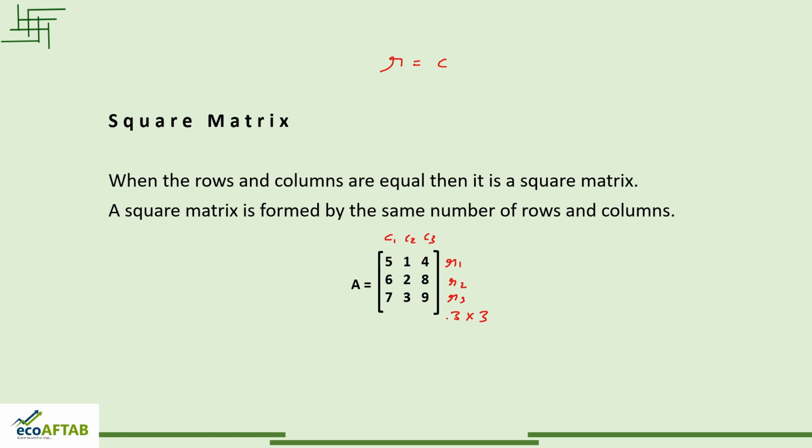The dimension of this matrix is 3 by 3, and this type of matrix is called a square matrix. It can be 3 by 3, 2 by 2, 4 by 4, 6 by 6, 10 by 10. So if the rows are equal to the columns, then we call such a matrix a square matrix. So here friends, m is equal to n. The number of rows is equal to the number of columns.